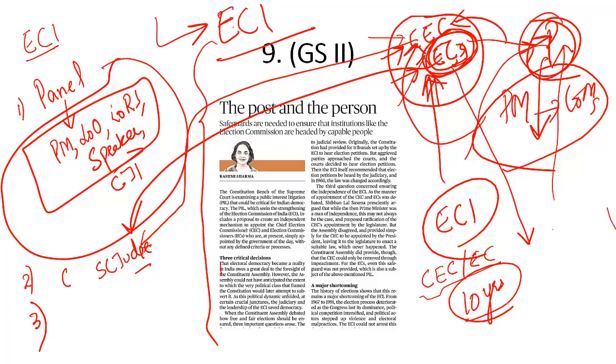What if today, if I'm in talks with a party A, I am the chief election commissioner and party A is offering me a ticket to Lok Sabha or Rajya Sabha after my tenure is over, then I will be biased in favor of this political party A. In order to remove this conflict of interest, Election Commission itself recommended that there should be a mandatory cooling off period, that for 10 years you should not be in a position to join any political party.